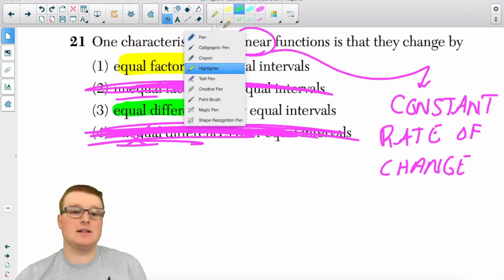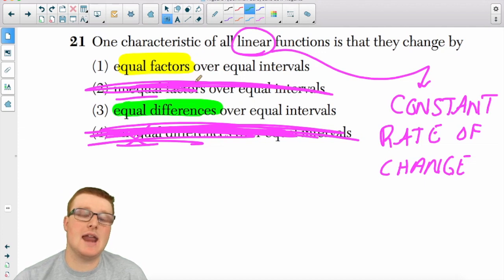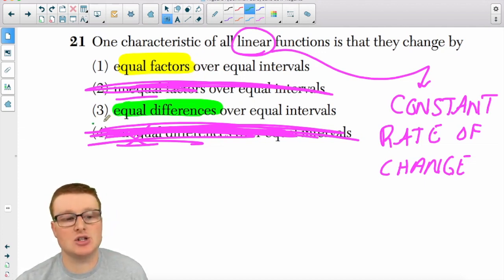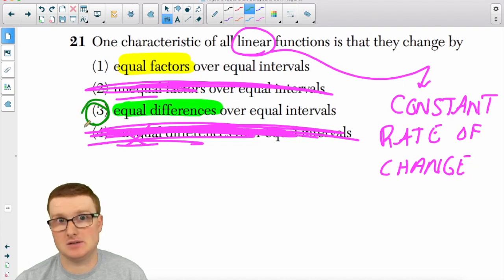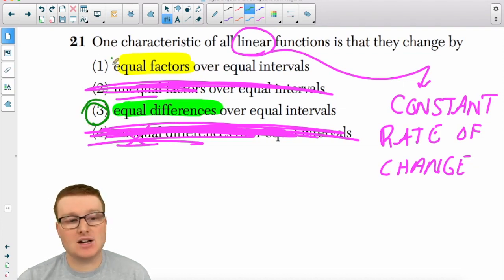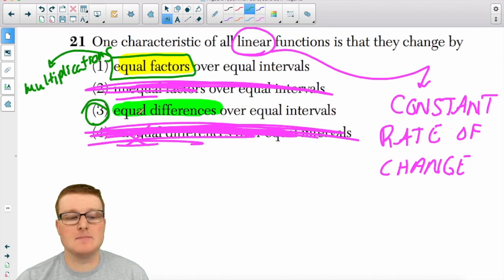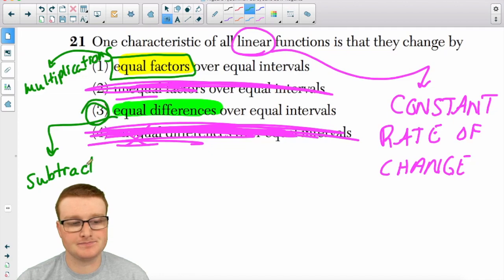And you know what? In my opinion, this was a nasty question. You really had to know the definition of a line for this. Your answer is equal differences. Okay? Equal factors means multiplication. Equal differences is subtraction.